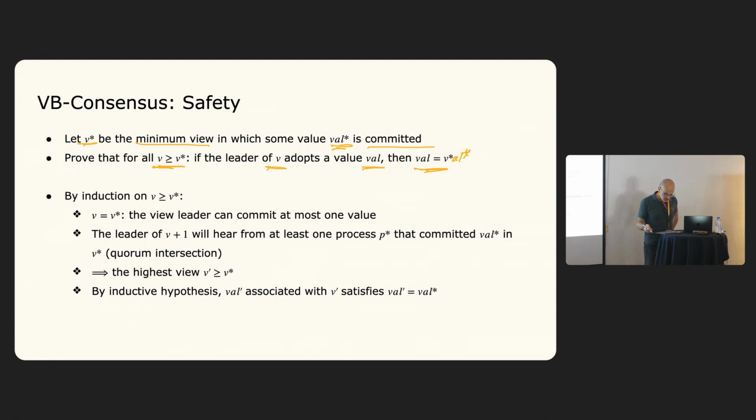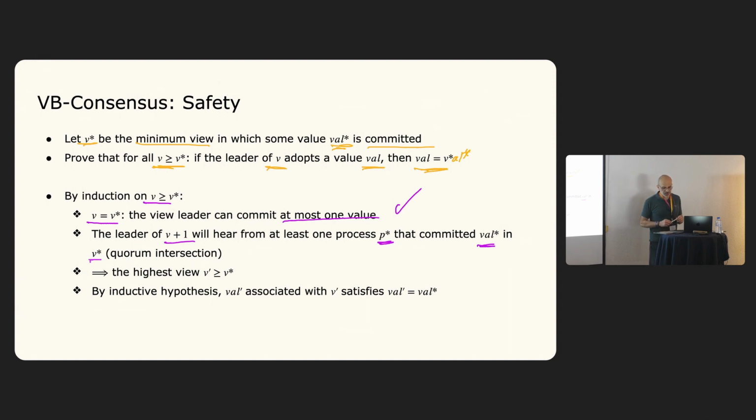The proof is by induction on all views greater than v star. For the basis, v star itself, it is clear that the leader can commit at most one value. For the inductive step, because of quorum intersection, the leader of some view v plus 1 will hear from at least one process p star that committed val star in view v prime.